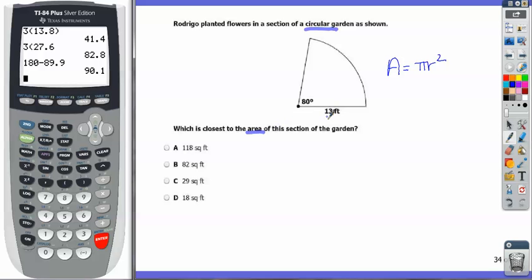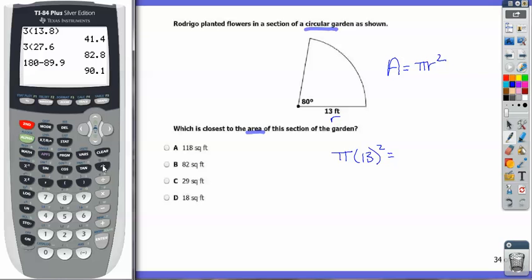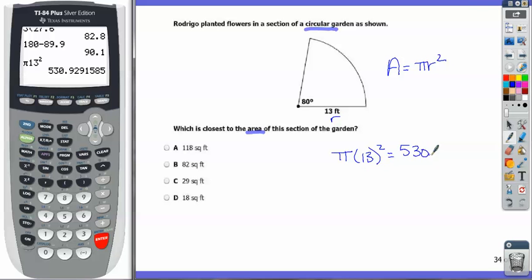Now, the radius is 13. Pi times 13 squared, I'm going to use my pi button, pi times 13 squared is 530.93. Now, that's not even an answer choice. I'm glad I didn't pick it.